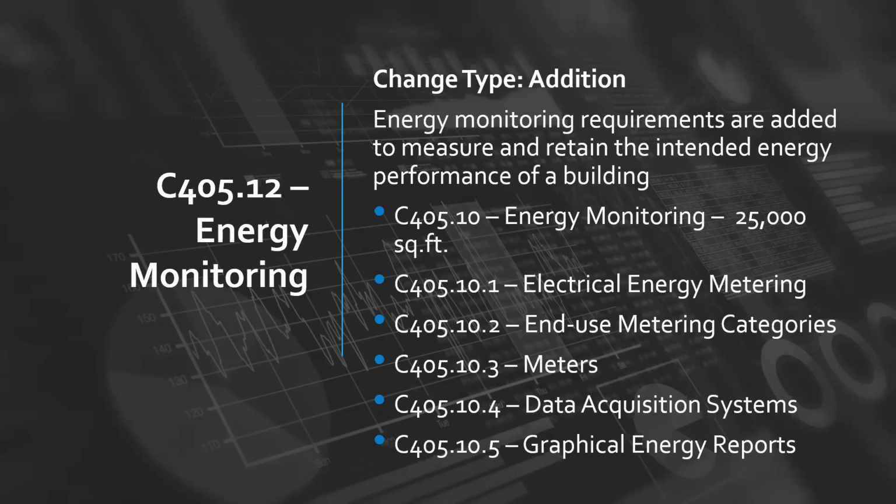Only those individual dwelling units. If it's actually serving a general population, it is not exempt. And then fire pumps, stairwell pressurization fans, and other emergency systems are exempt. And then individual tenant space having floor area not greater than 2,500 square feet, where a dedicated source meter complying with C405.12.3 is provided. So it's just a big, lengthy process of looking at that, but this is something new.